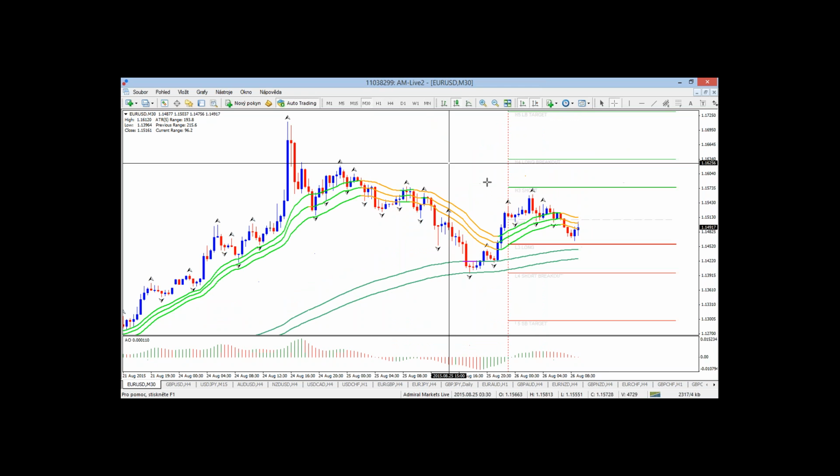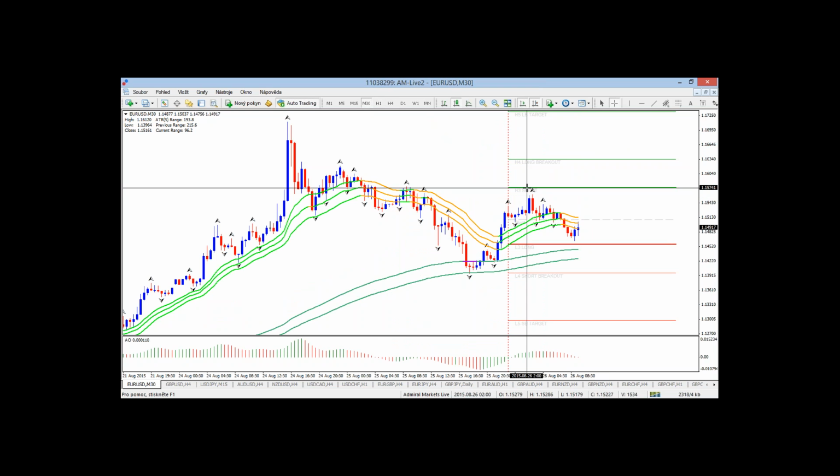Let's take a look at 115.60. So I think even a pending order could make sense.